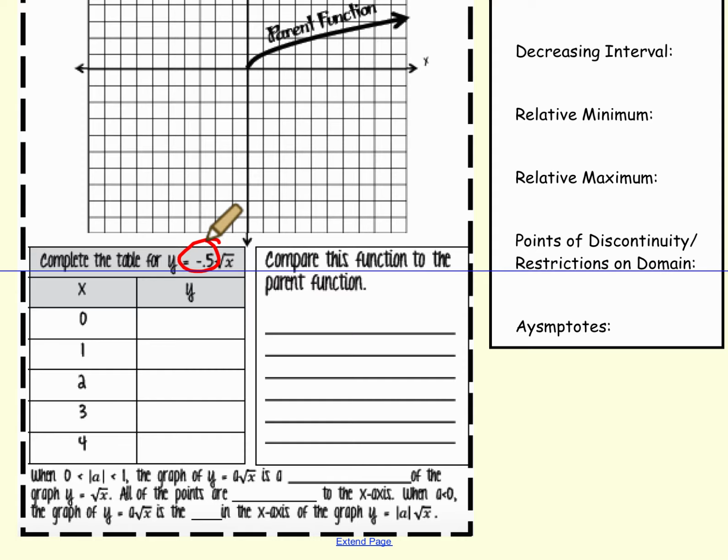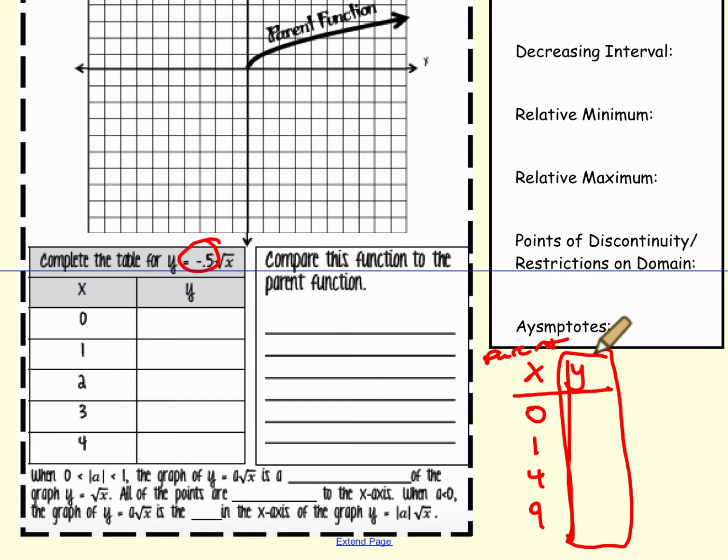In our parent function, we use 0, 1, 4, and 9 as our inputs. According to what we just did, if the parent function has these outputs for those inputs, we need to take them and do exactly what a says to do: negative 0.5 times the y.